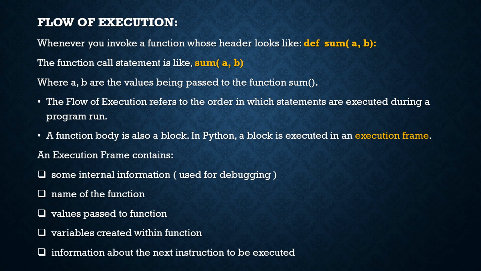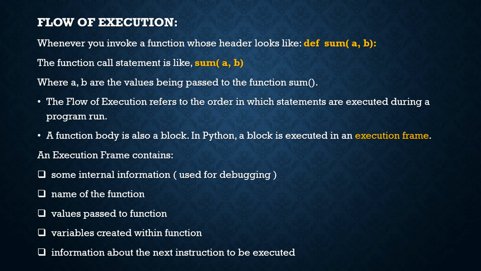The first one is the definition of the function, or we can say the function header. Here it is def sum(a, b), and below that the function call statement is like sum(a, b). This one, sum(a, b), is the function call, and the above statement, the definition of sum(a, b), is treated as the function header.